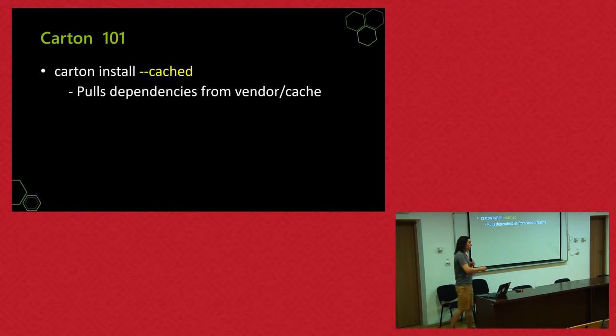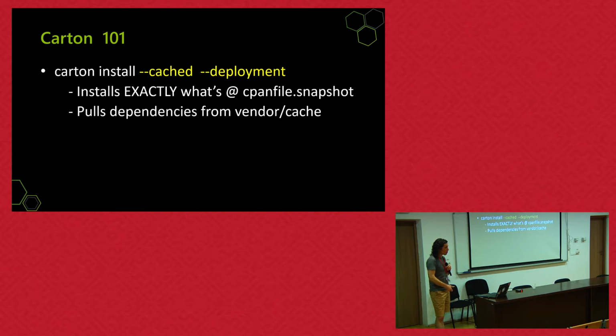You could then run carton install with the cached option, and instead of pulling the dependencies from CPAN, it would pull them from that directory. An interesting idea is to combine them both. With the cached option and the deployment option, it would install exactly what's specified in the cpanfile.snapshot, pulling it from that directory.